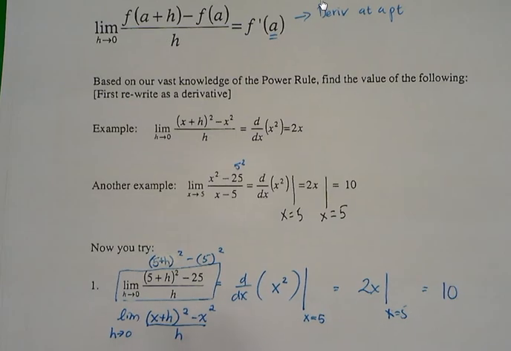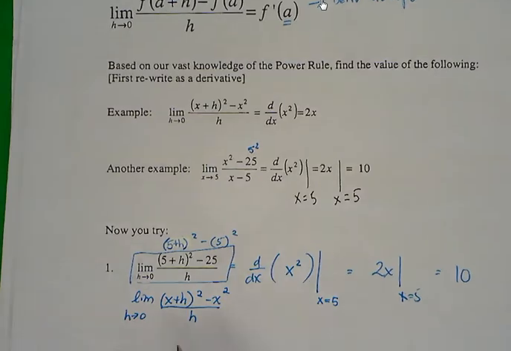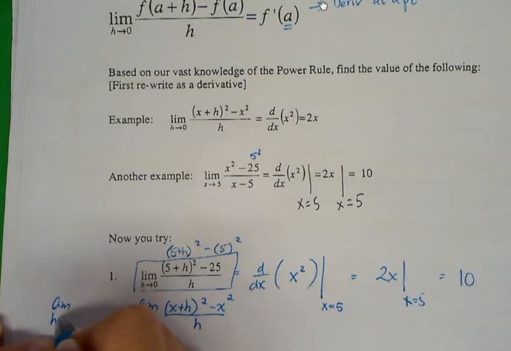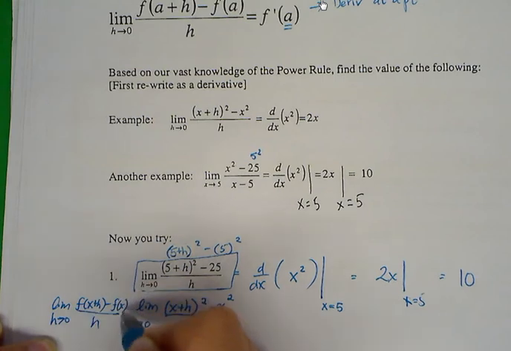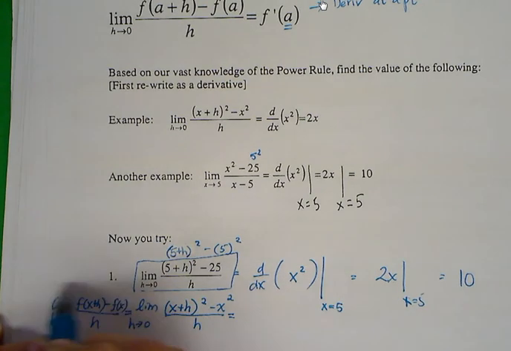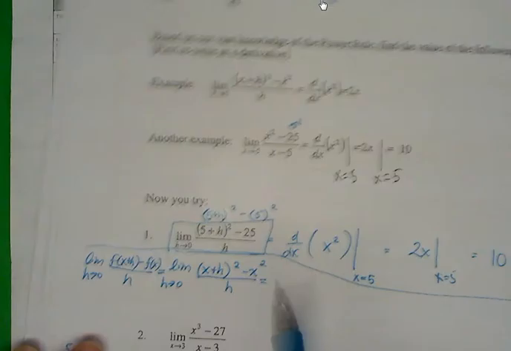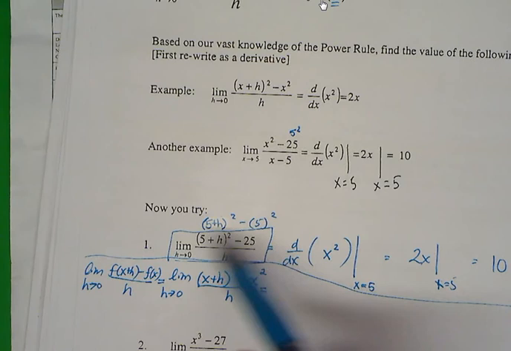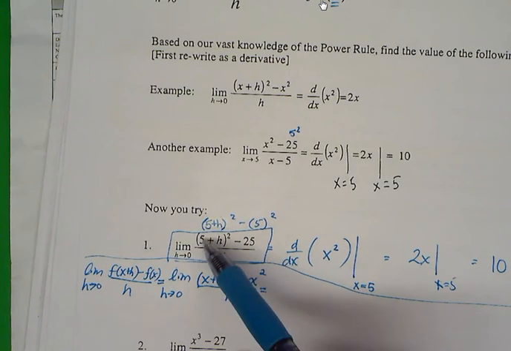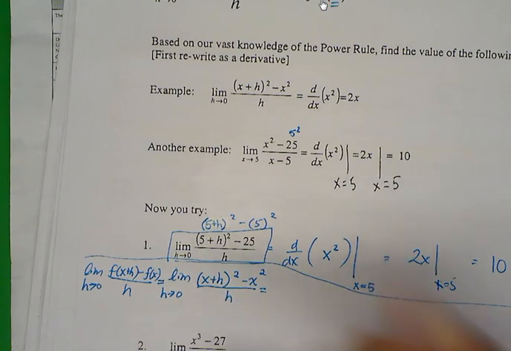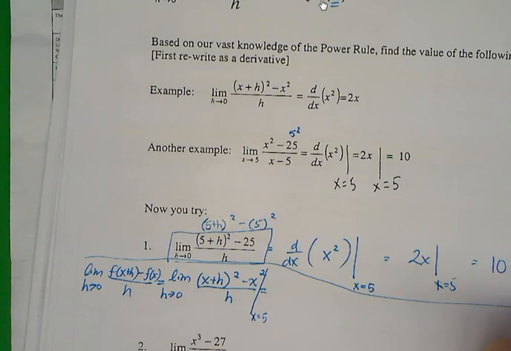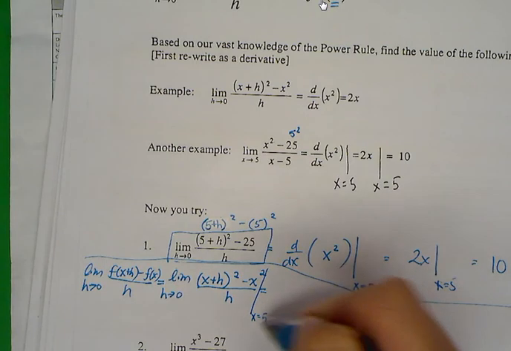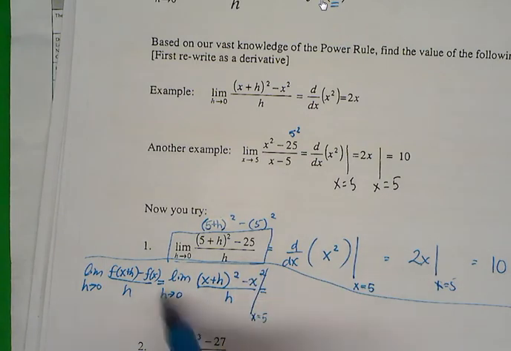Now if I say that, which really is the limit as h goes to 0 of some function, do you guys agree that this is the same if I just replace the 5 with x? But it's all of this, just assuming that x is 5. Right? But before we plug in x equals 5, it was this, right? And this is just this. Do you agree with that?